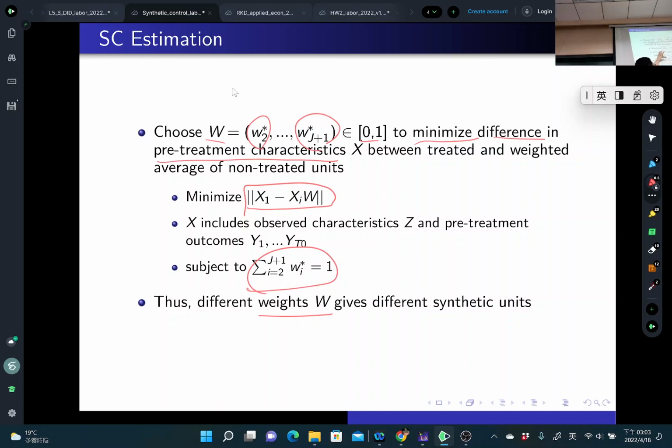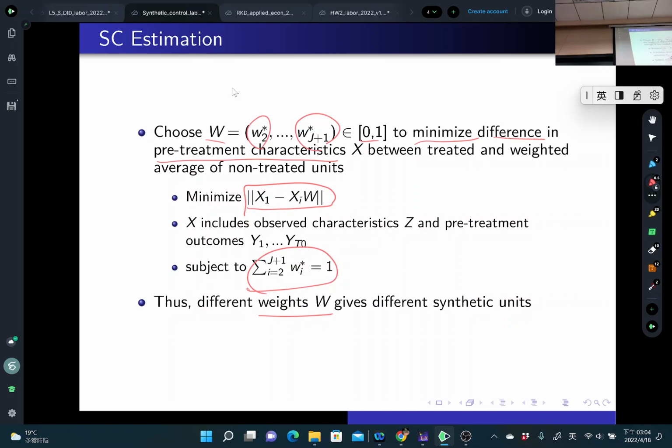If you put in different characteristics, that will give you different weights, different synthetic control units, and also different causal effects. So if you put in different things, you might get different results. But you can do several robustness checks. That is, you should not change dramatically from a positive effect to a negative effect by just changing a little bit of your observed characteristics. Okay.